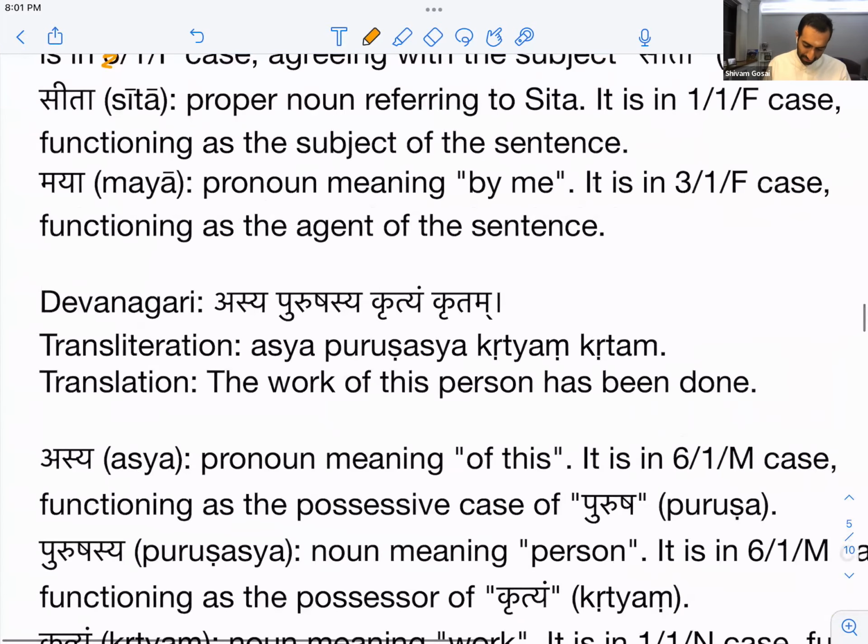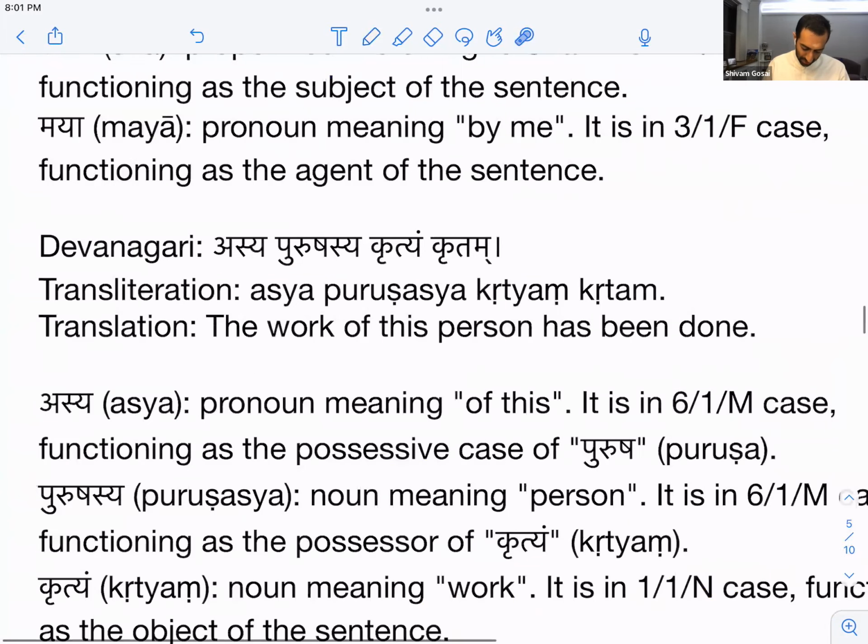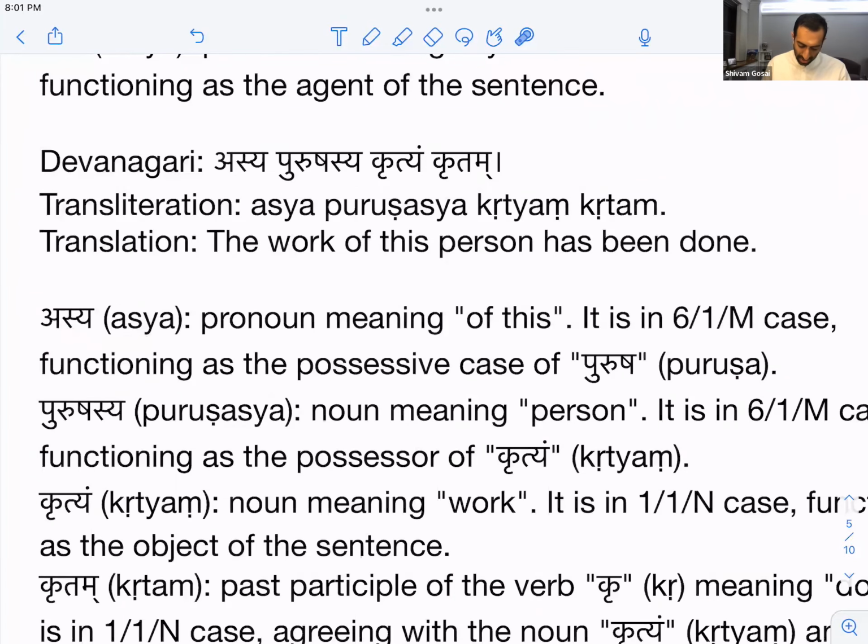I'm just going to go left to right with this sentence. Asya purushasya krityam kritam. Asya, right? Asmad shabda, pronoun, of this. It is in Shashti Vibhakti Ekavachanam, Punlinga. Sambandhe Shashti. It's in Samanadhikaranam with Purushasya.